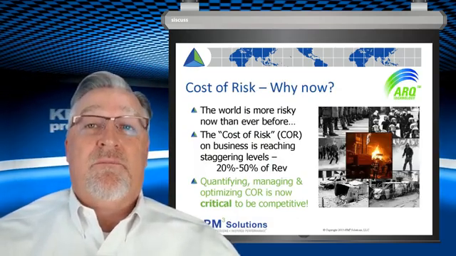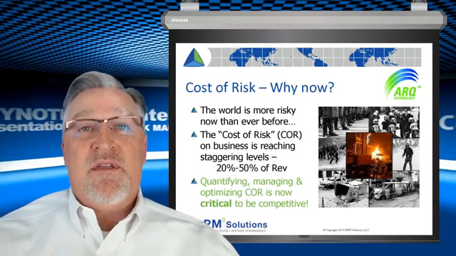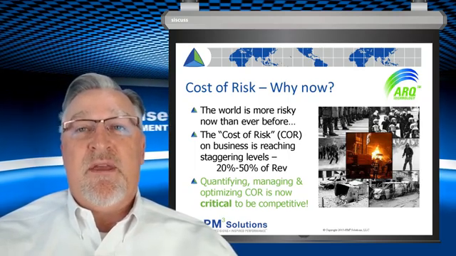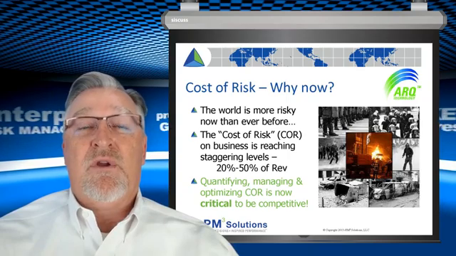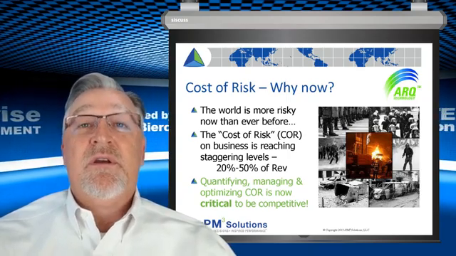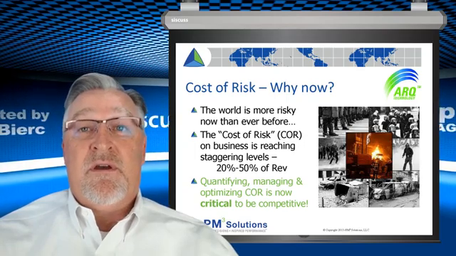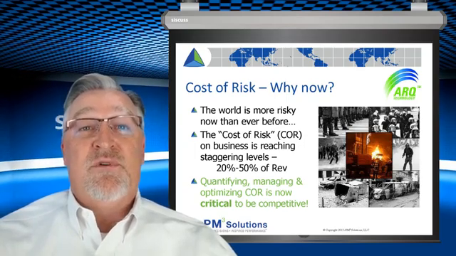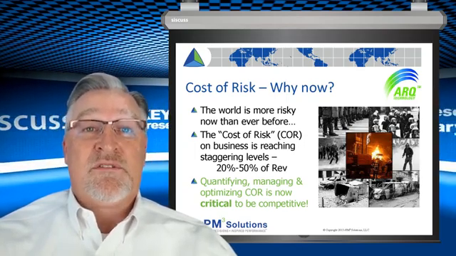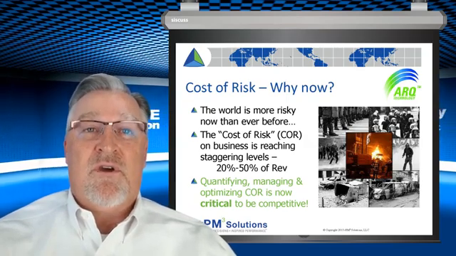All right, so why now? I think things are changing around the world at a pace that I couldn't have imagined coming out of college 30 years ago. It's a much riskier place today, and as a result, business has to adapt to deal with a lot more risk than it did even 10 years ago.